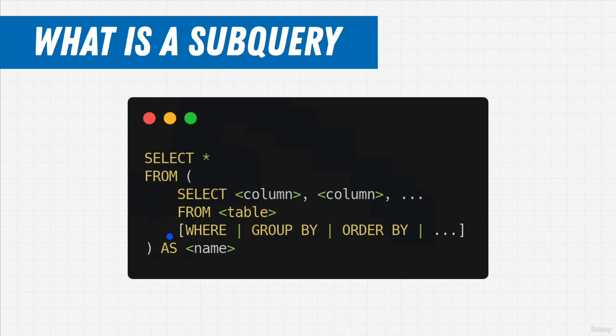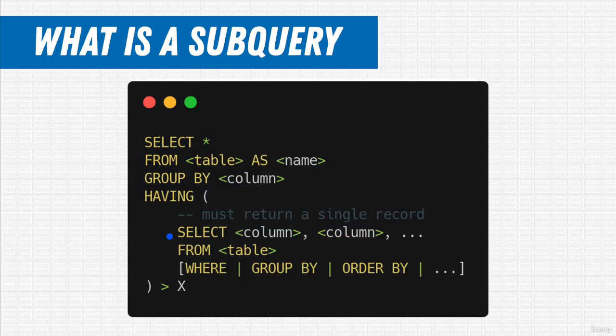And if you use it in the having clause, again, it must return a single record because we're trying to compare against something. If you're trying to use a group by and you wanted to compare against, for instance, an average, a sum, a min, a max, you have to return a single record. That also means that you can only use one column, not multiple columns.